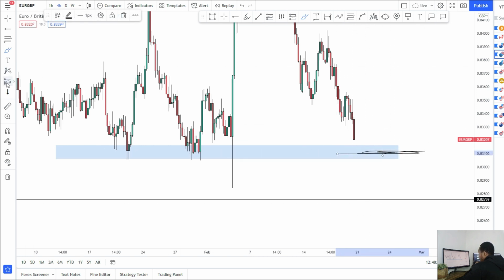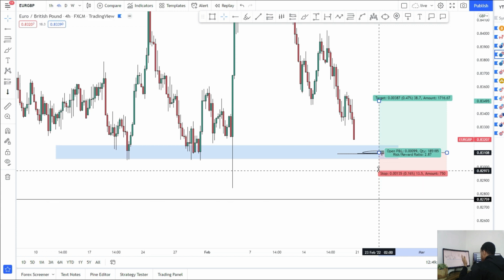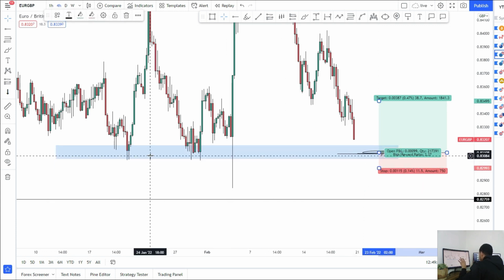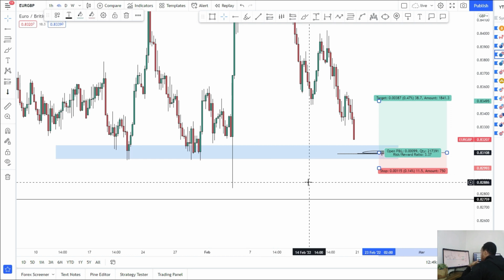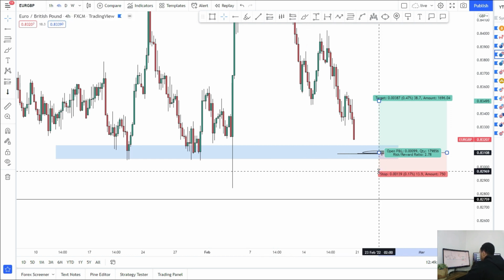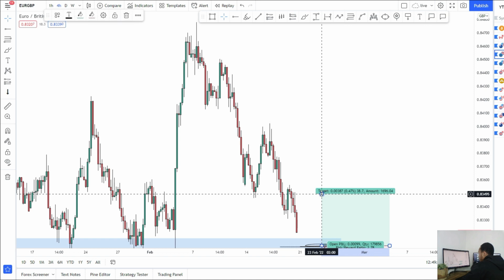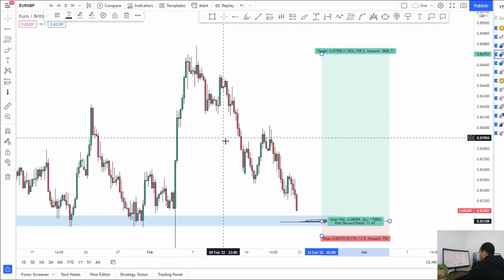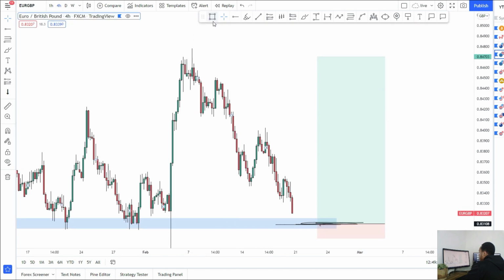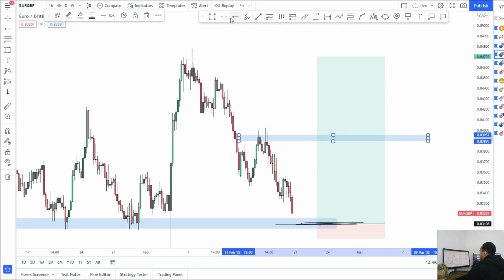Below, we could actually go and break through that monthly level potentially. So the main focus is at 0.83100, so around that 0.83 area, a nice psychological level. We'll look for buys, and again targets, if this does play out, we're looking at a very, very big move for Euro Pound back to those highs and maybe even further. But obviously there are a few areas of support and resistance we can look to target beforehand.